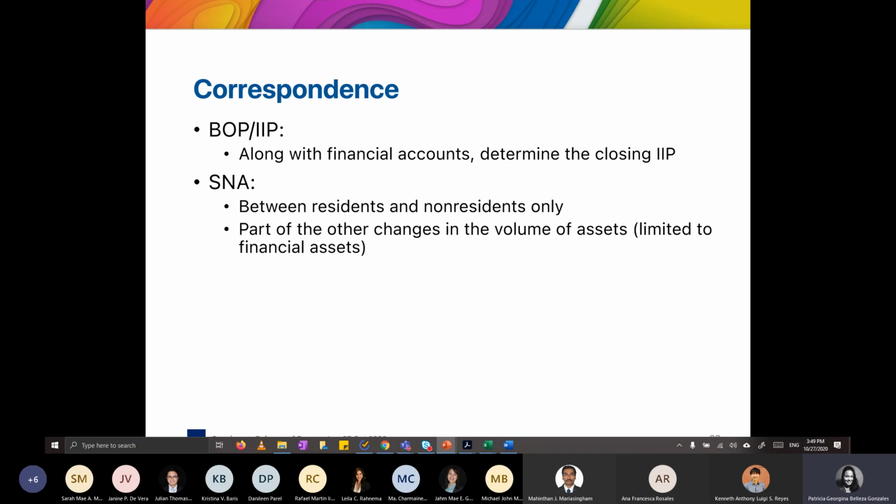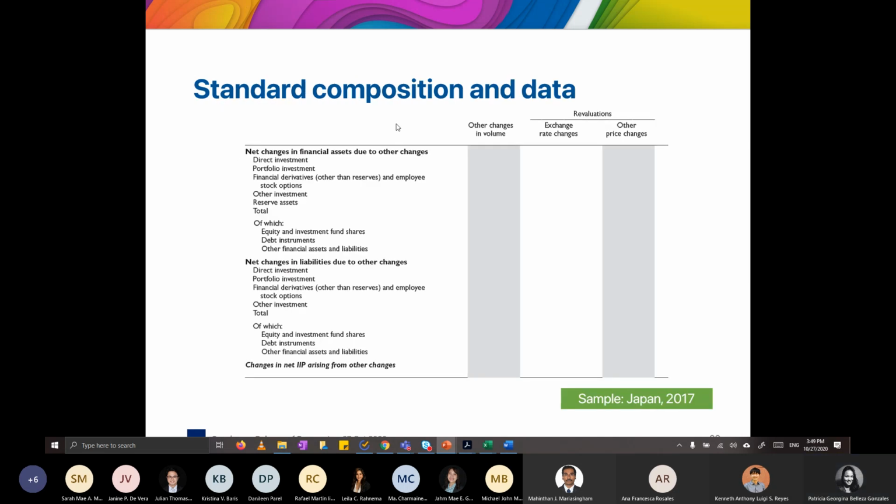However, the difference is that this is between residents and non-residents only, and it does not include other kinds of assets. So it's limited to financial assets, whereas the other changes in volume accounts in the SNA include all kinds of assets: produced, non-produced, financial, and non-financial. So this is sort of a subset of it.